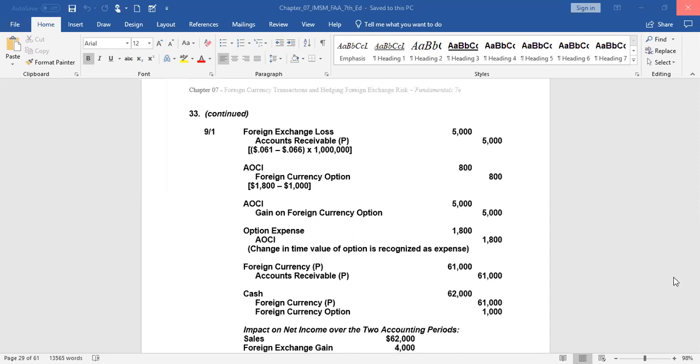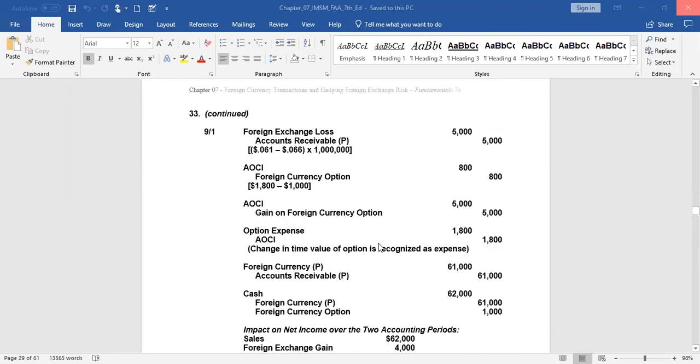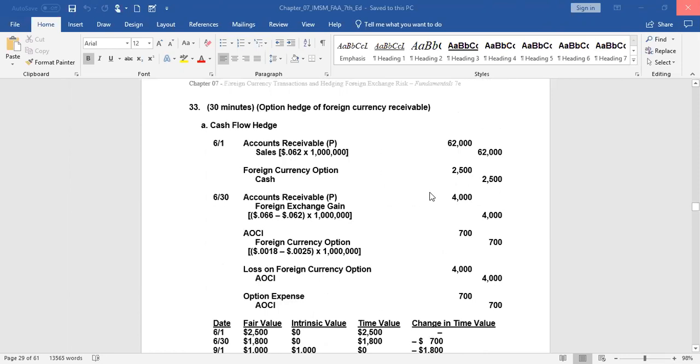Now, what's the impact on the financial statements on the net income over those two periods? Well, remember, we originally recorded sales up here at $62,000. We then recorded a $4,000 foreign exchange gain, then debited a loss on foreign currency option for $4,000. That washes.